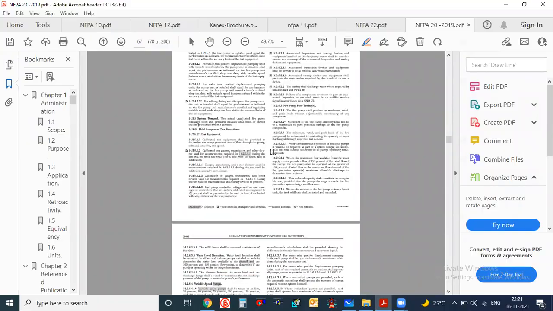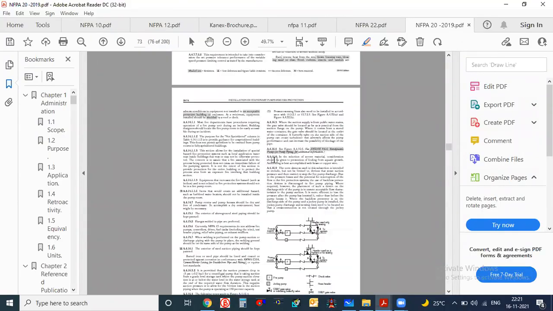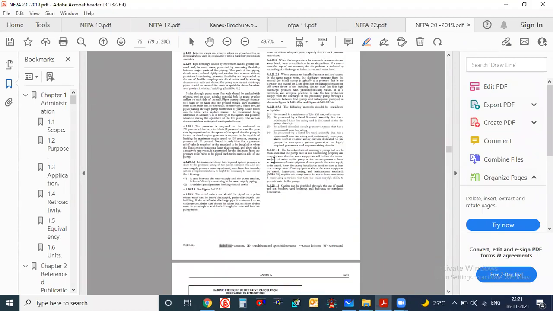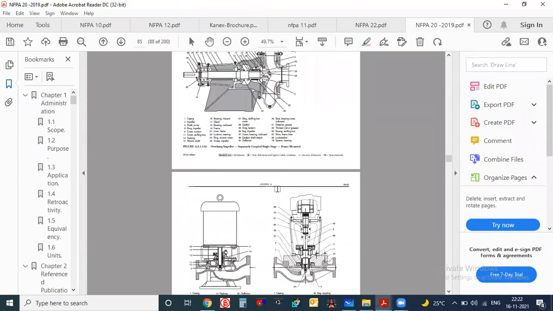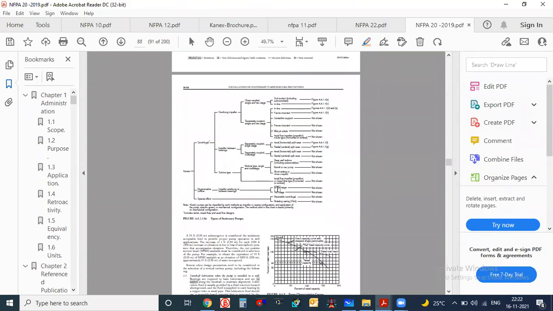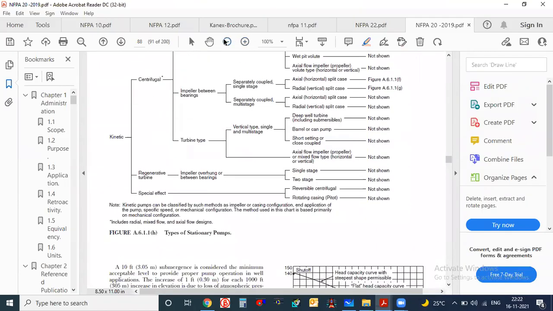That classification is also important for us. Yeah, here. This is also a little bit important.